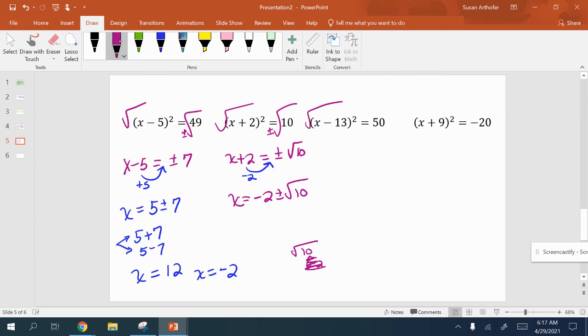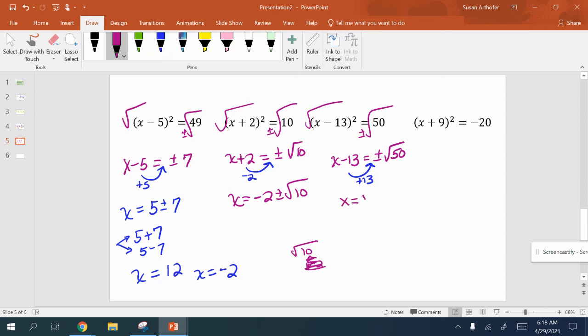Okay, square root both sides, add plus or minus. So out comes x minus 13 equals plus or minus rad 50. 50 can be broken up into 25 and 2, so I'm going to pop my negative 13 over by adding 13 to both sides.